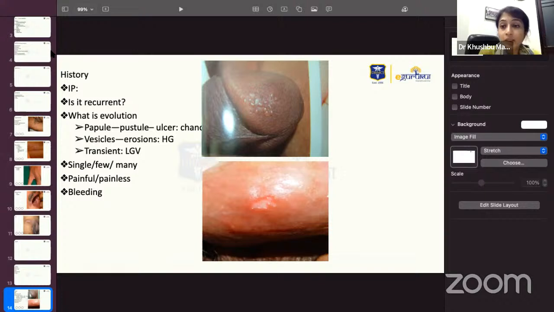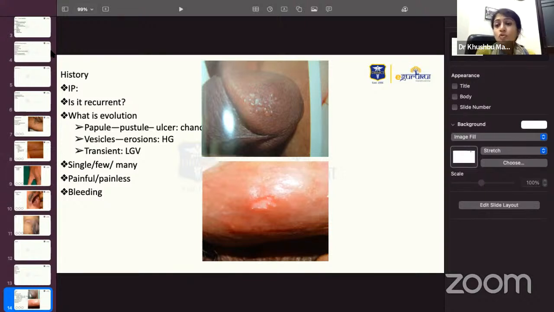Then, are the ulcers painful or painless? Painful ulcers, we know we're talking about chancroid and herpes. Painless, mostly when they talk about a painless ulcer, they refer to syphilis. In syphilis cases, they would make it a point to mention the term painless because a syphilitic chancre is painless.